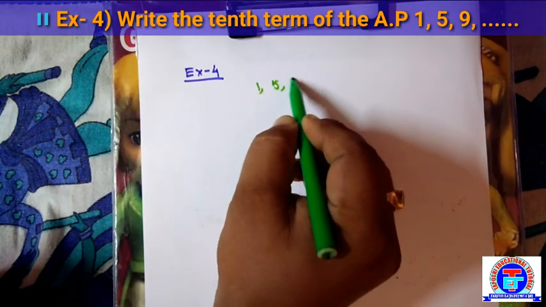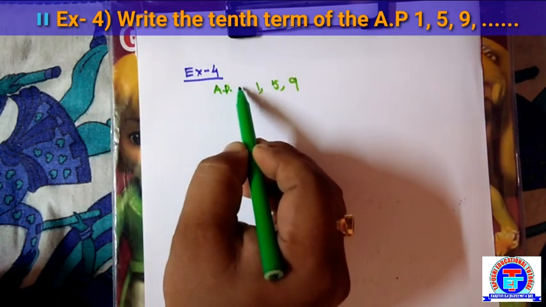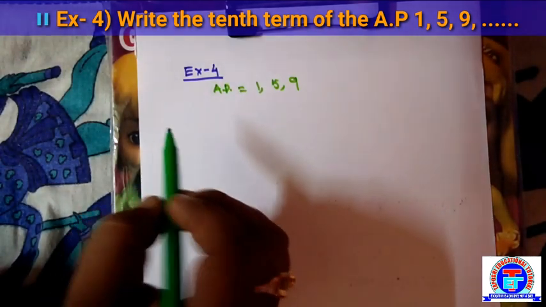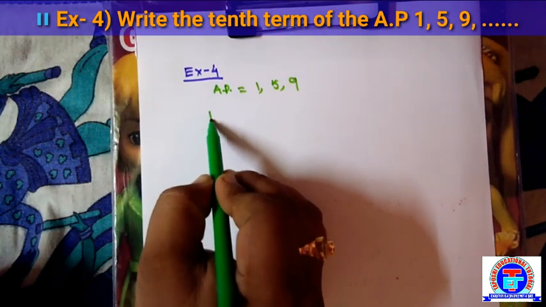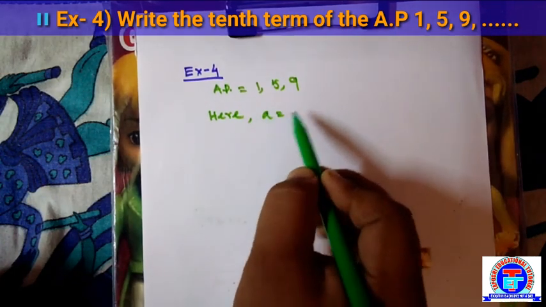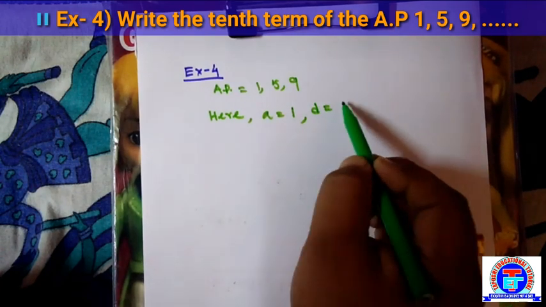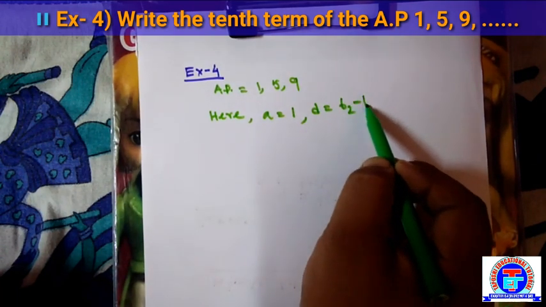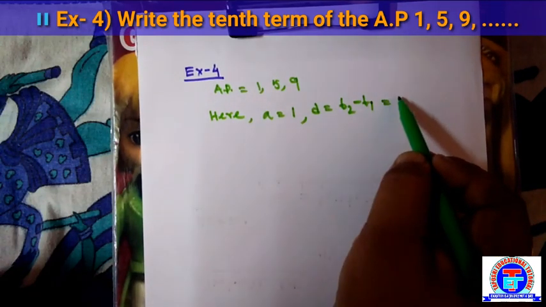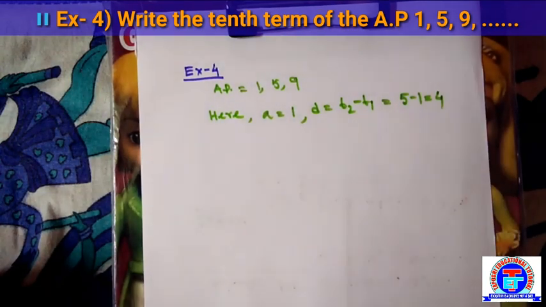Here the solution: we can write a is equal to 1, right. d is equal to T2 minus T1, that means 5 minus 1 is equal to 4.